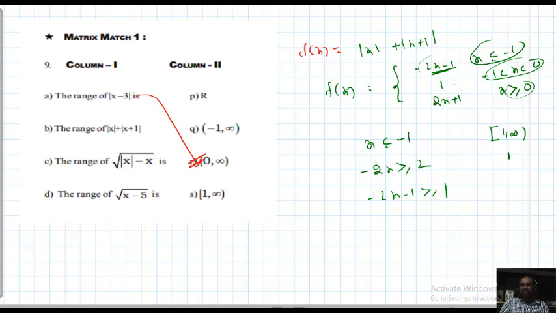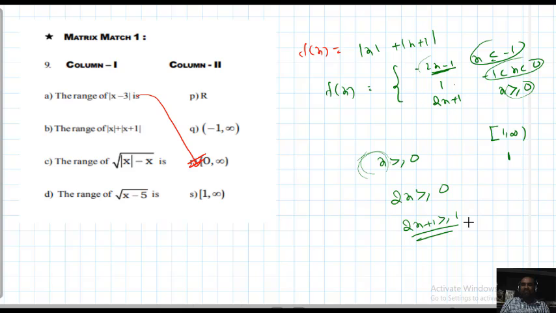Second part is 1 only. So, third part, x greater than or equal to 0. What happened to 2x plus 1? Here we want to make 2x plus 1. 2x greater than or equal to 0. 1 added, greater than or equal to 1. What is that saying? 1 to infinity.